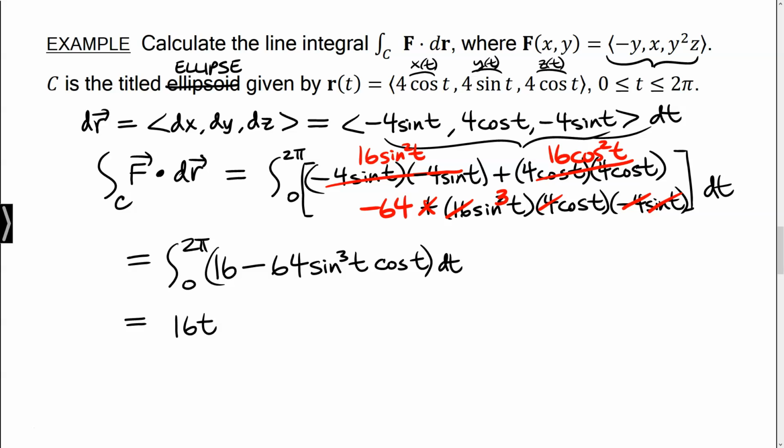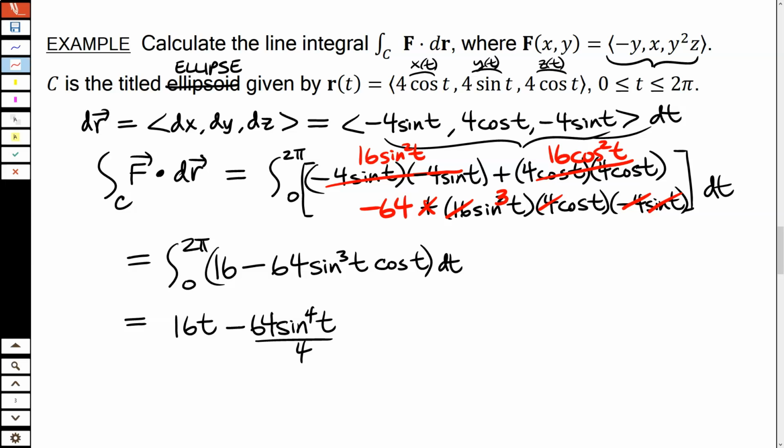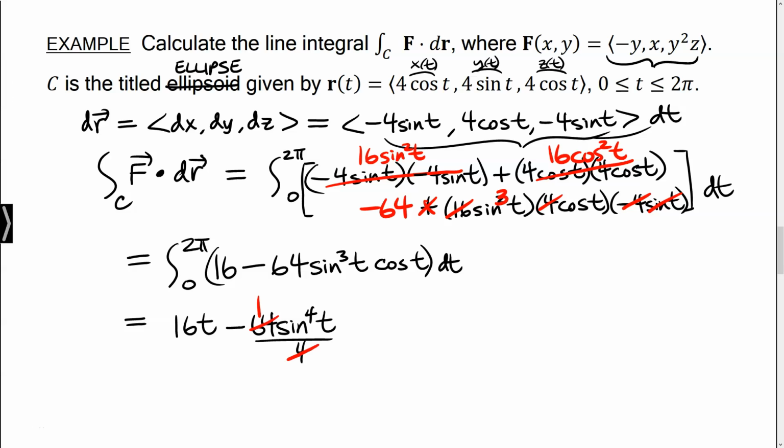So this is going to be minus 64 u cubed. So it's going to be minus 64 sine to the fourth over 4. And of course that's going to also cancel to 16, but as we're going to see, it's not really going to matter because we're integrating from 0 to 2 pi, and sine is 2 pi periodic.